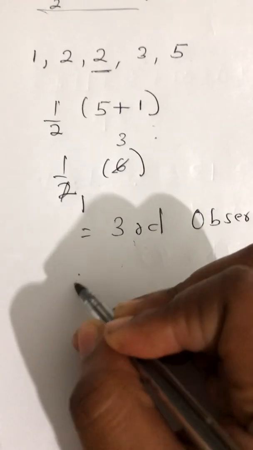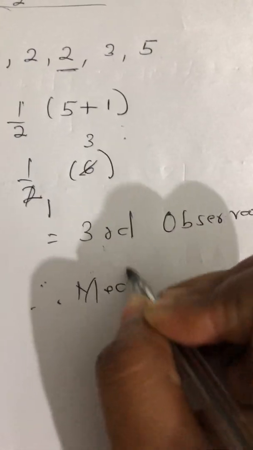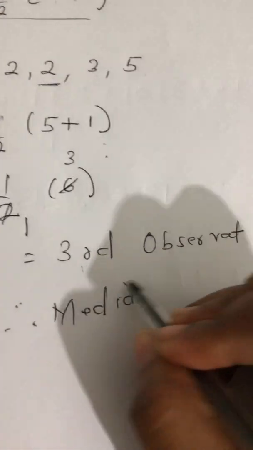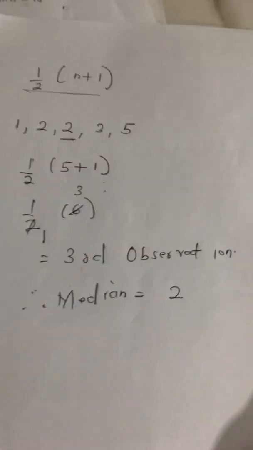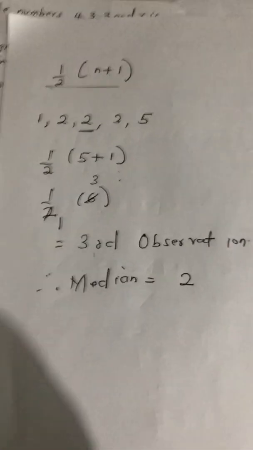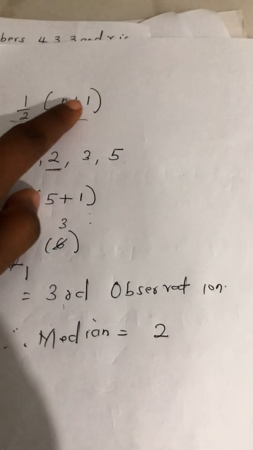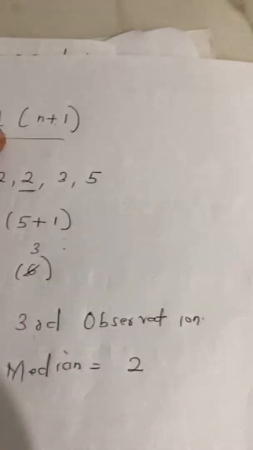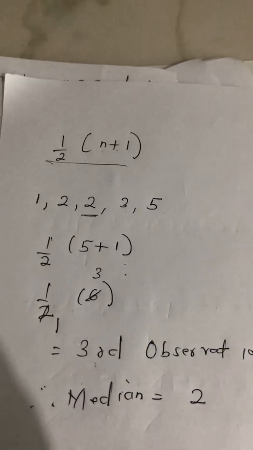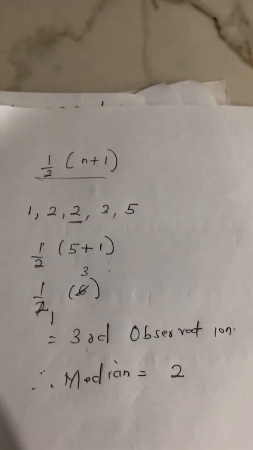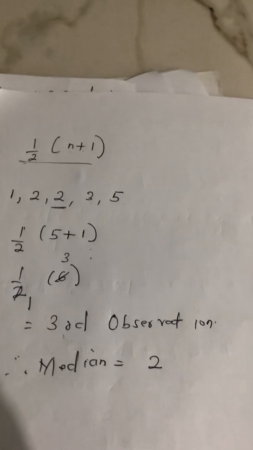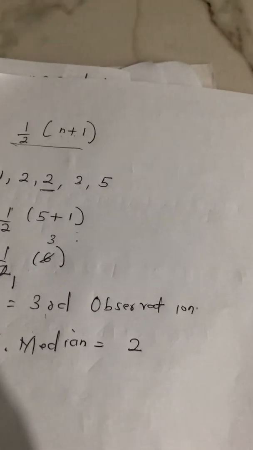So you come down and write, therefore median is equal to 2. Okay, so this is just how you solve it. Now, please keep in mind that we only add 1 when the total number of members is an odd number. So we are talking about 3, we are talking about 5, we are talking about 7, we are talking about 9. You understand what I'm trying to say?